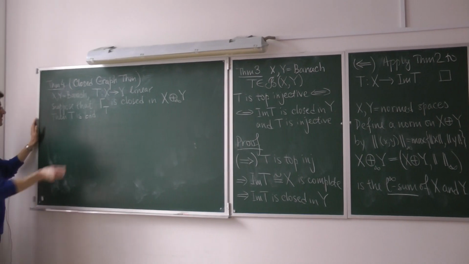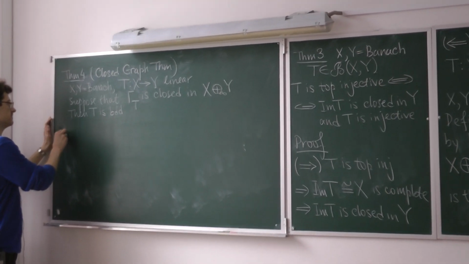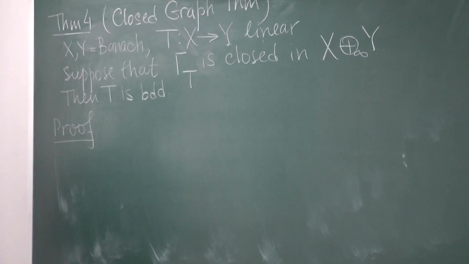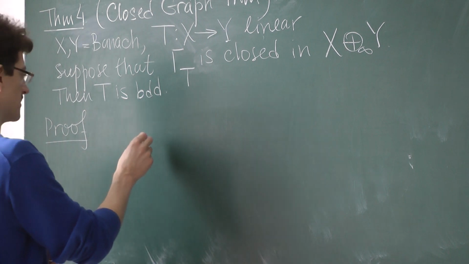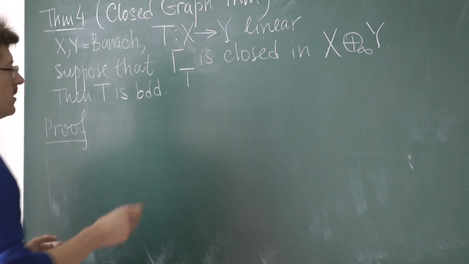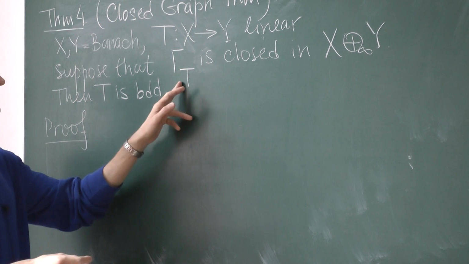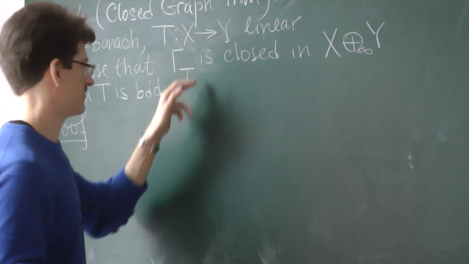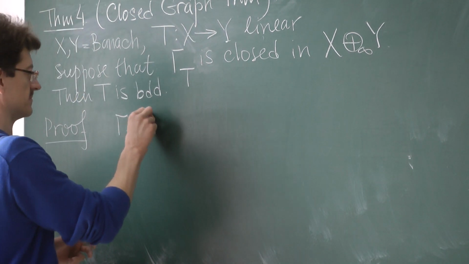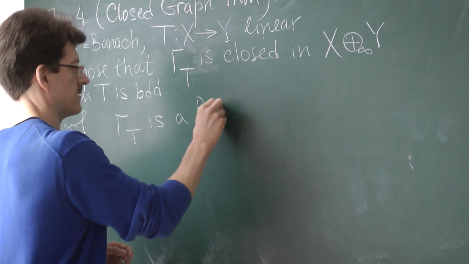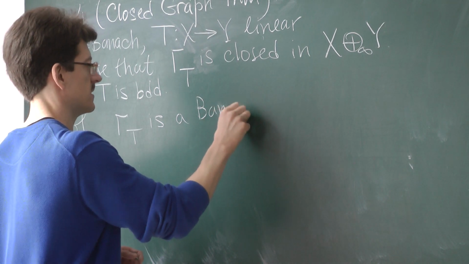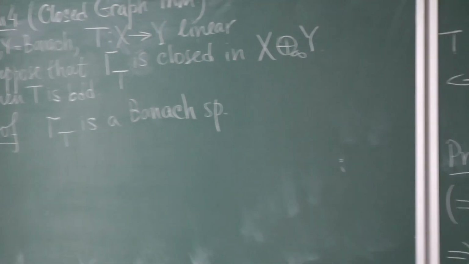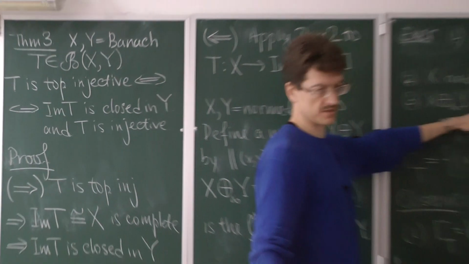Okay, so now let's prove the closed graph theorem. Let's consider the following picture. First of all, since X and Y are Banach spaces, and since the graph is closed, we conclude that the graph is a Banach space, because it is a closed subspace in the direct sum, and the direct sum is a Banach space.